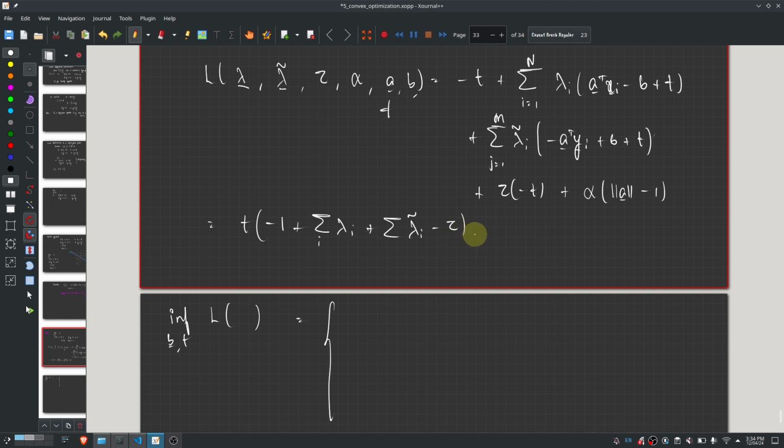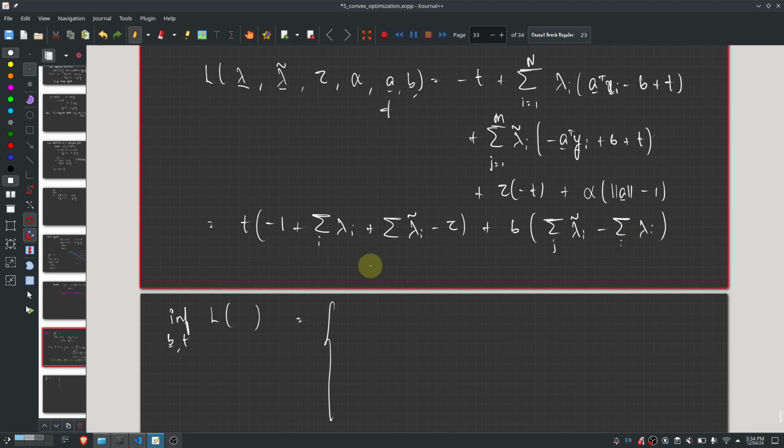What else? Plus B into summation over J lambda I tilde minus summation over all I lambda I.